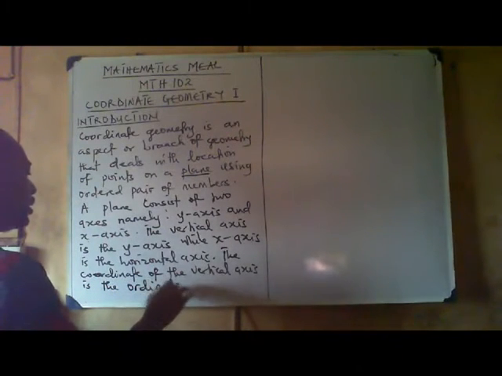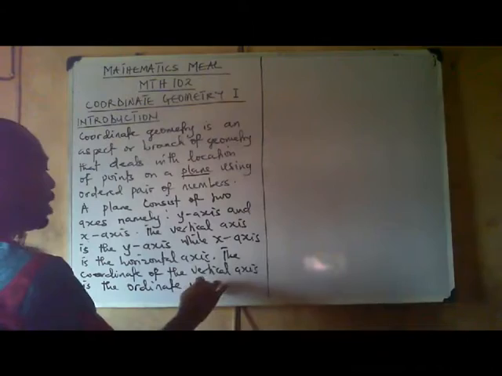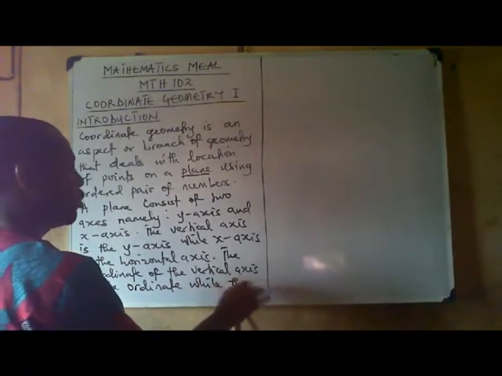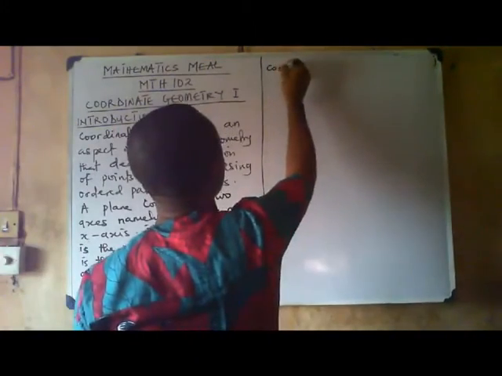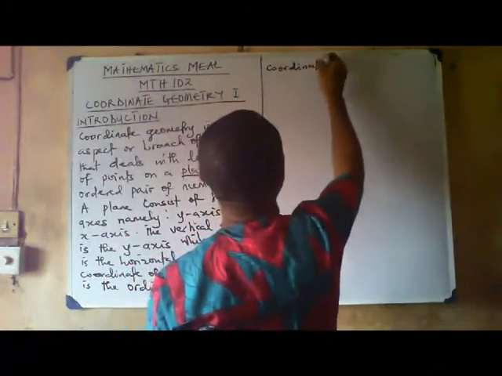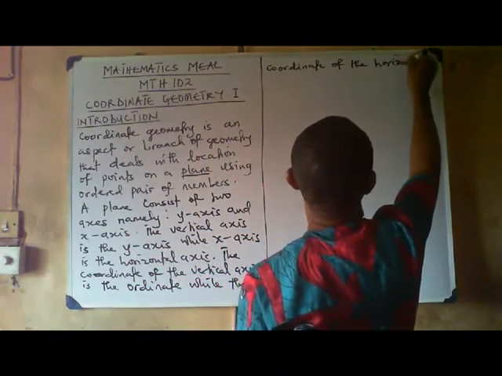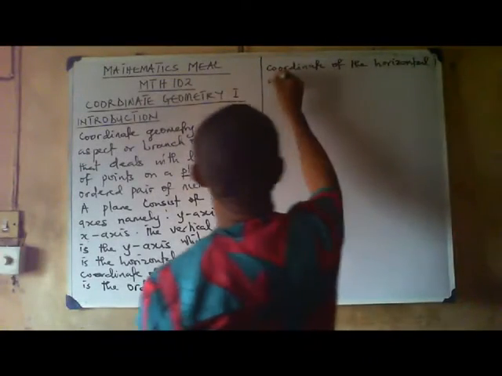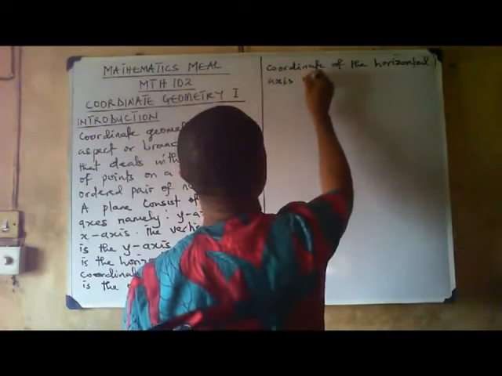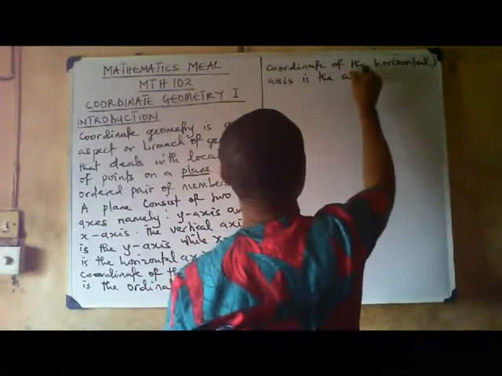Remember, the vertical axis is the y-axis, while the coordinate of the horizontal axis is the abscissa.